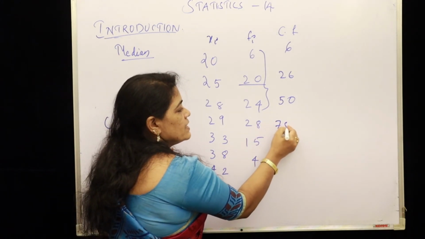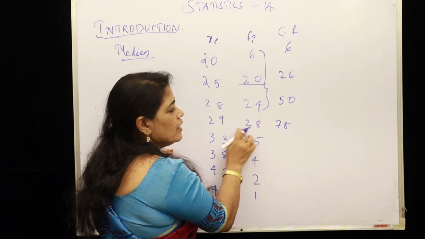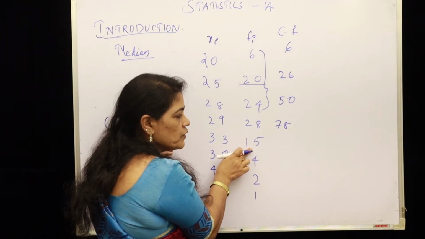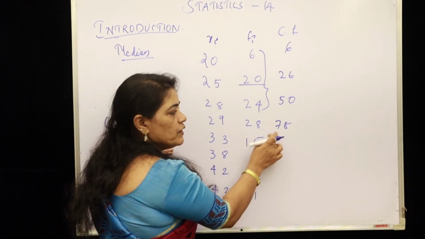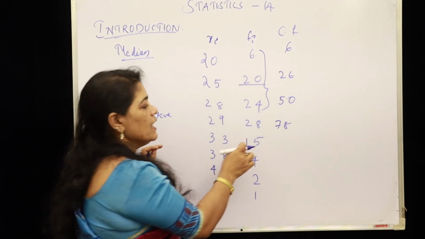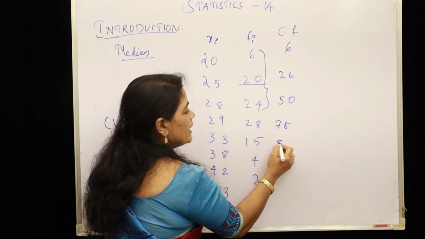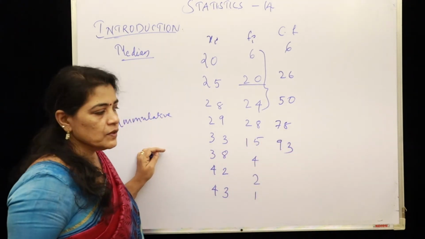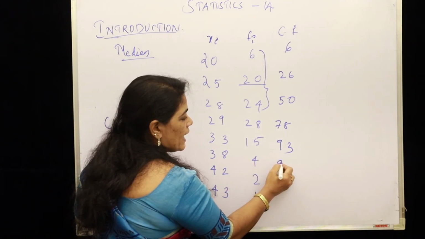Likewise you can get the cumulative frequency of each observation. Then 28 gives 78, because we added up to this to get its CF. Then you add 15 to the 78, and you will have 93.